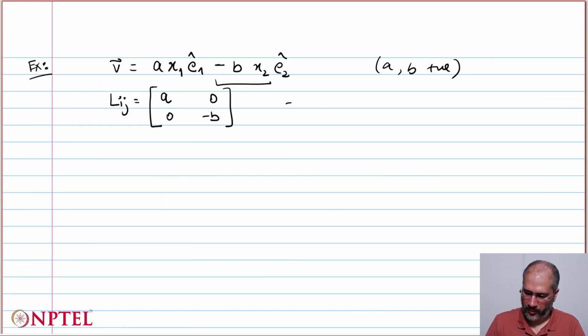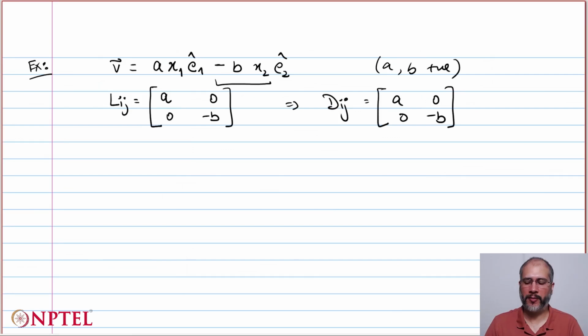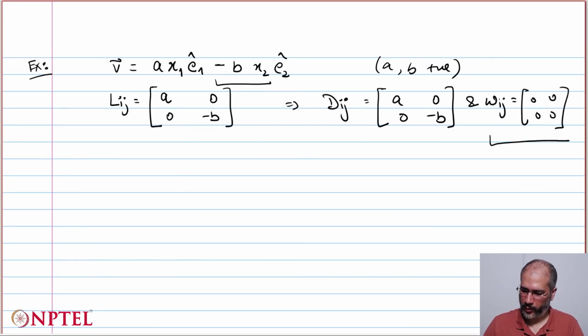So from this, we can get our rate of deformation tensor as the same tensor here, because D is the symmetric part of L, but L by itself is symmetric, and we get W as a 0. So W being 0 means that there is no rigid body rotation.